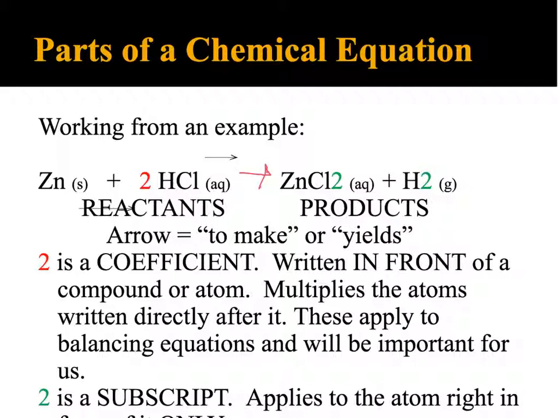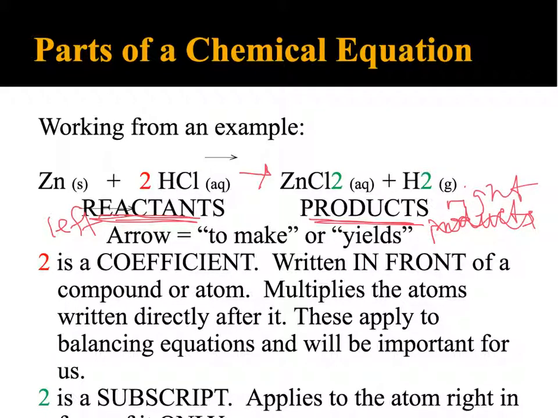Some things that you're going to notice when you look at this slide. What goes into the reaction, the reactants, are always written on the left-hand side, and what comes out of the reaction, those are the products, on the right.